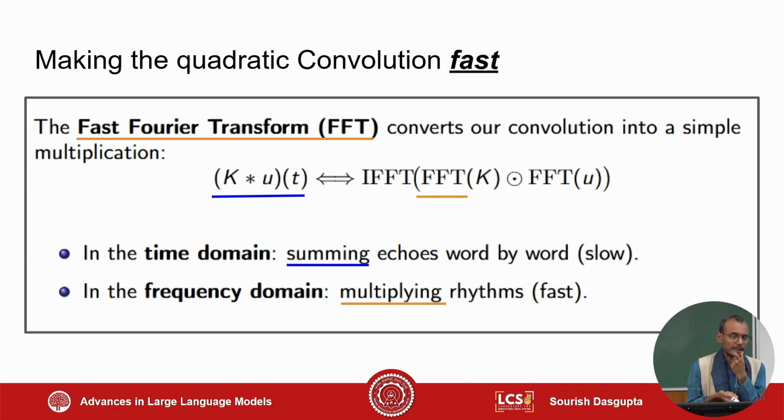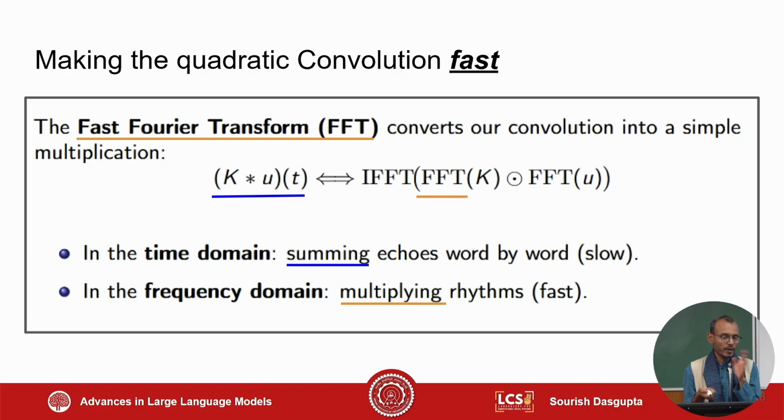Making the quadratic convolution fast. Now you apply a particular technique called the fast Fourier transform, which converts your convolution into a simple multiplication. The convolution right now, what you have in blue, that's the summation of all the k's.